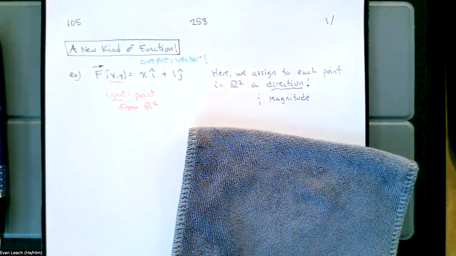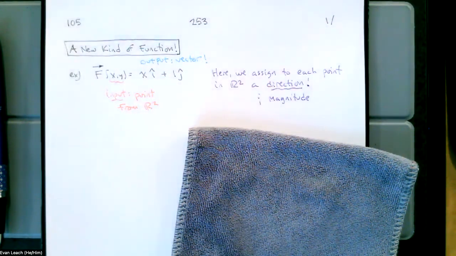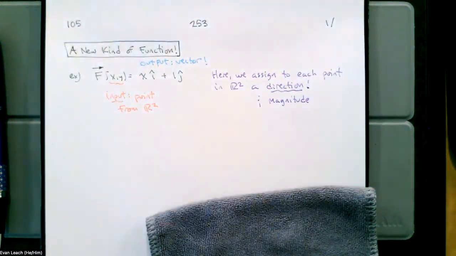We're not just assigning a number to each point in R2, we're assigning a direction to each point in R2 as well. At each point in R2, we're putting a vector there. This is different than what we had before.